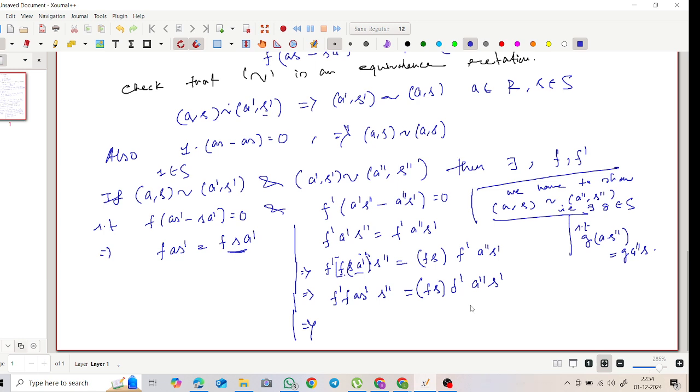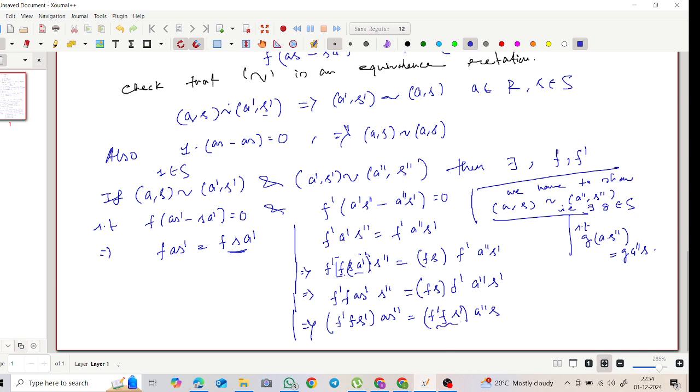So, is it done? I think it is. If we take f s' common, we have a s'', and if we take the same thing common, f s, we have a' s common, right?